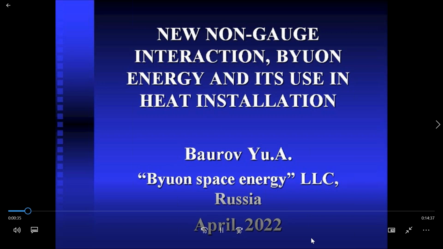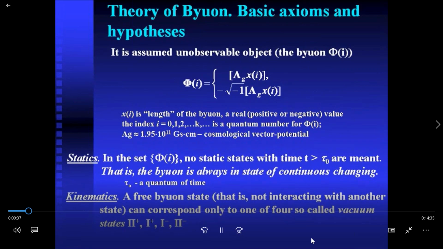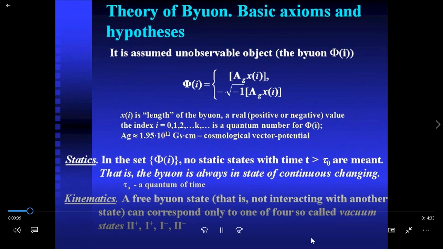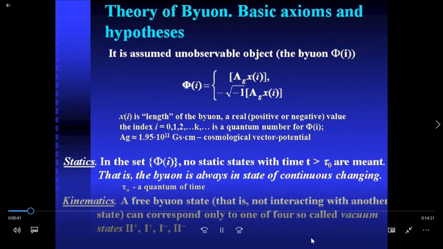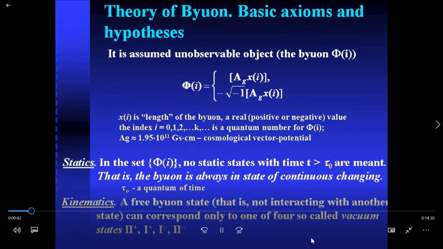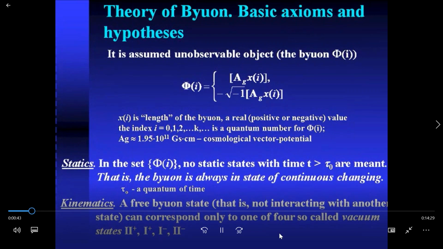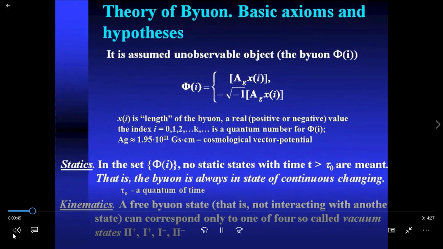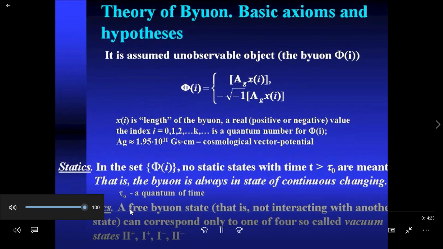We can see the expression for gluons, which contain cosmological vector potential, a new fundamental vector constant, and the length as its quantum number.